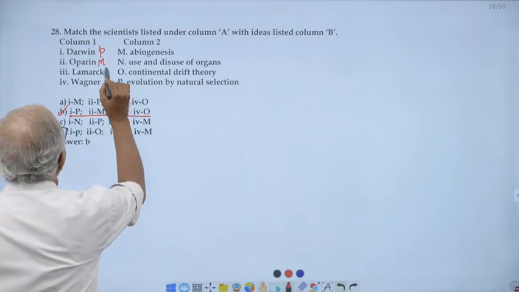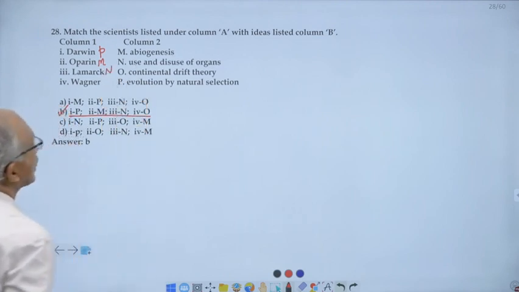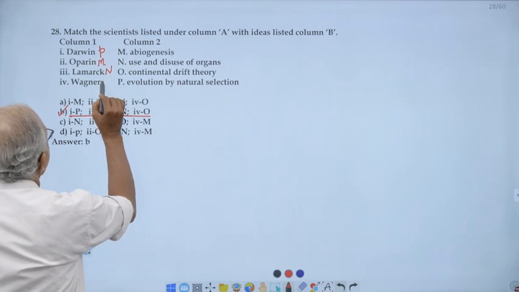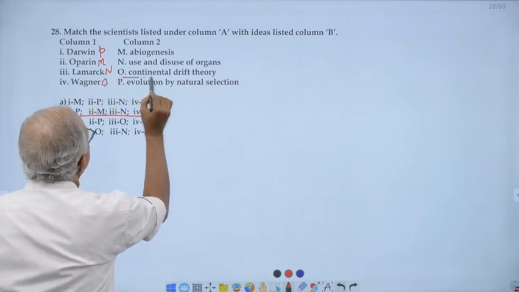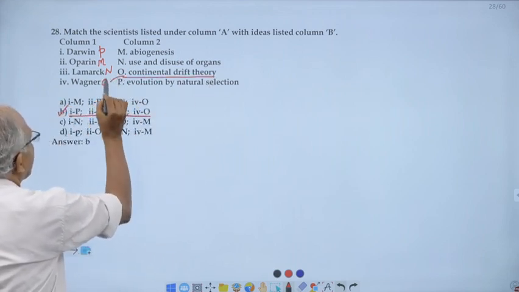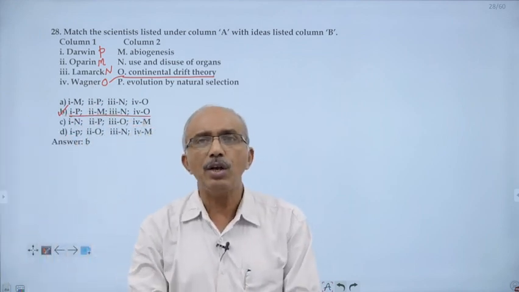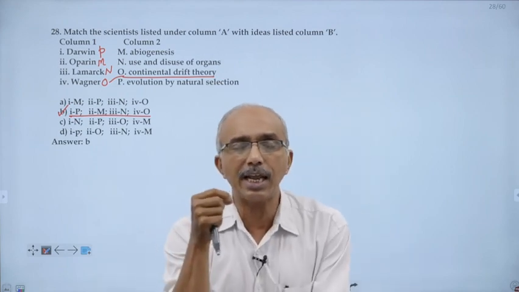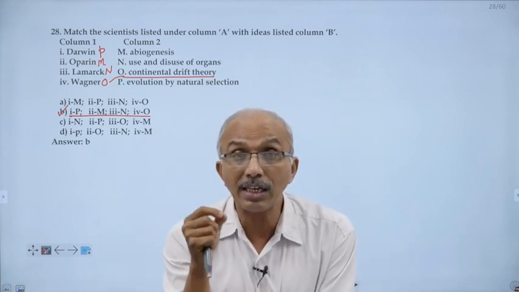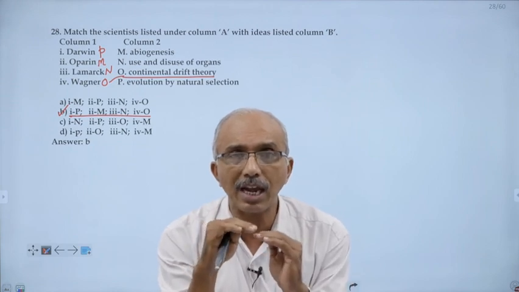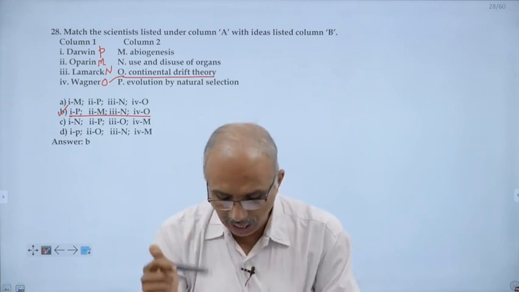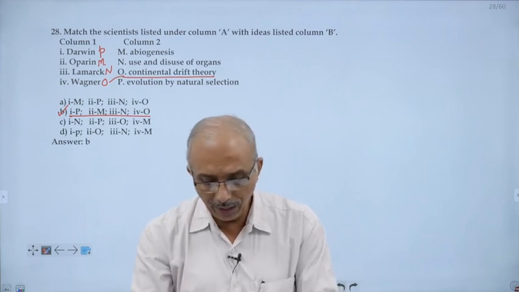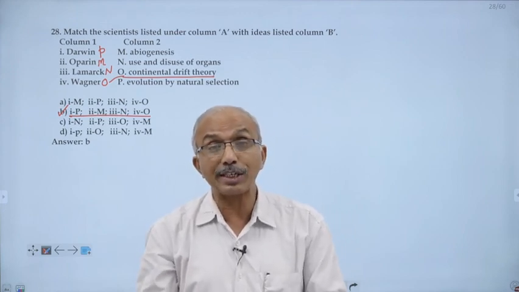Lamarck, as I explained already, use and disuse of organs which resulted in evolution according to Lamarck's theory. Wegener, continental drift theory. Alfred Wegener proposed that the continents of the world are constantly moving over geologic time.